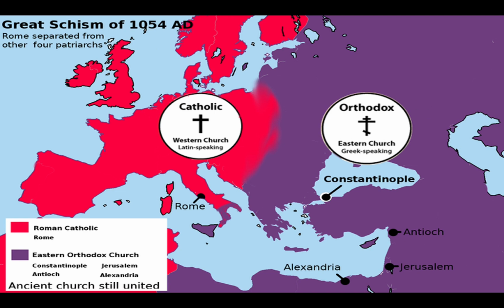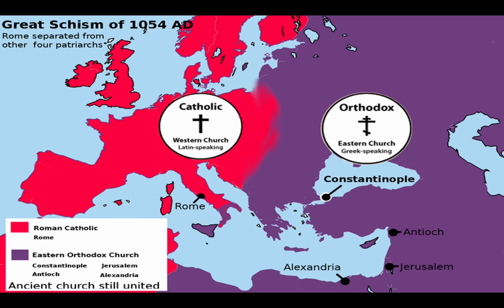So Pope Leo the Ninth was having trouble in Rome with his enemies, and he decided to ask for help from the Patriarch of Constantinople, Michael Cerularius.